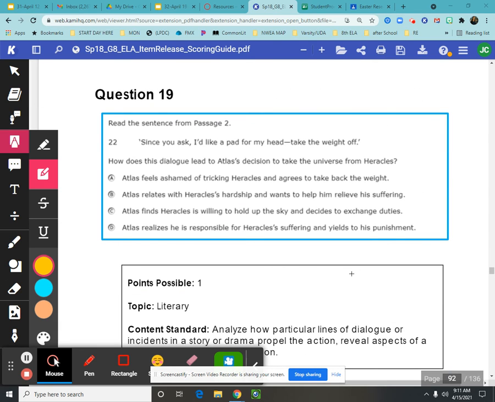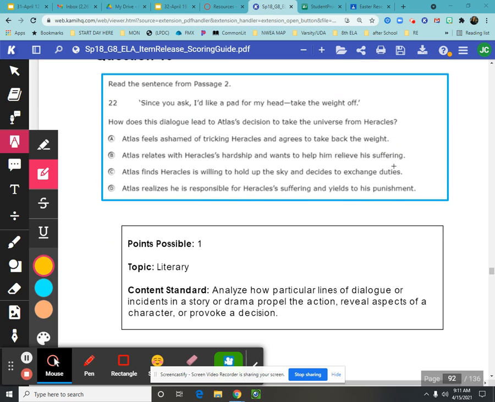Question 19, read the sentence from passage 2, so we know we're looking at from weight. "Since you ask, I'd like a pad for my head, take the weight off." How does this dialogue, what's said in conversation, lead to Atlas's decision to take the universe from Hercules? You had A, Atlas feels ashamed of tricking Hercules and agrees to take back the weight.